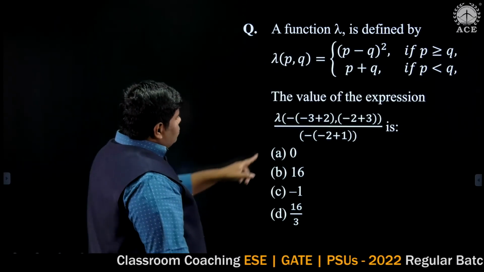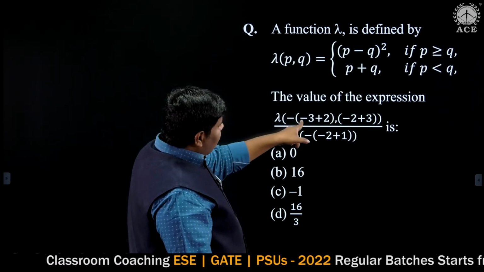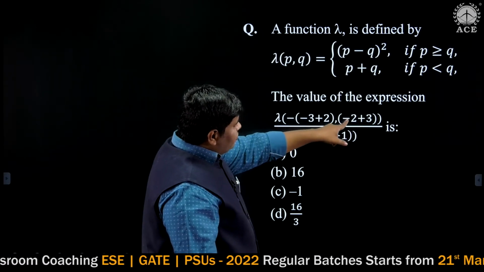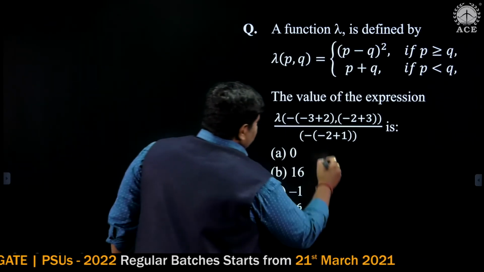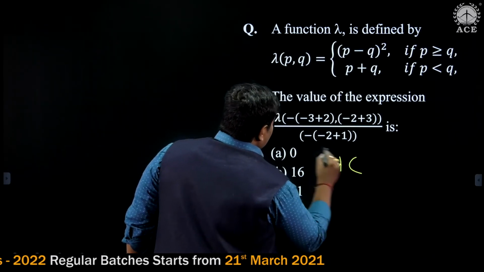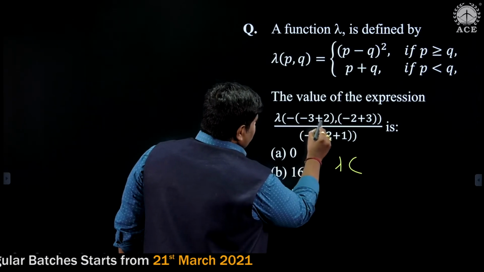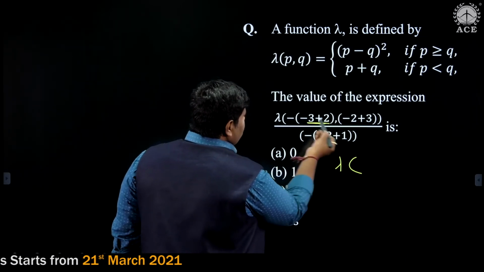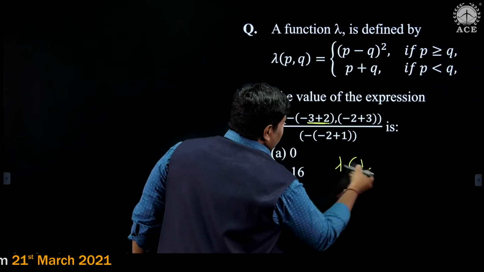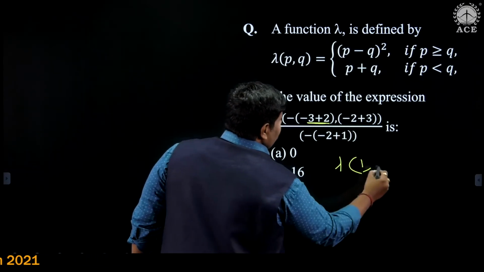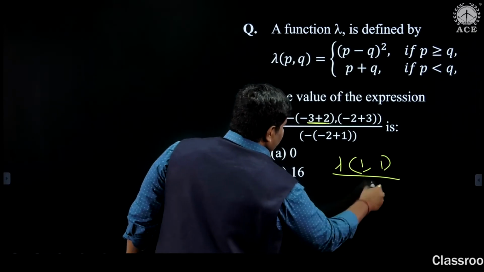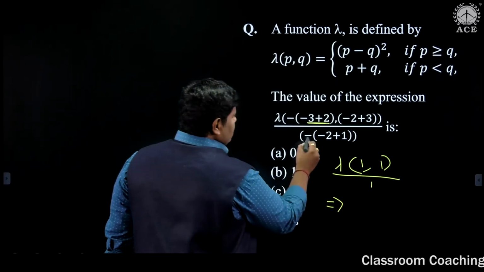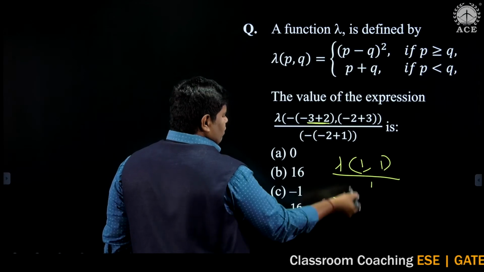Observe. So we need lambda of minus of (minus 3 plus 2), and minus 2 plus 3. Minus 3 plus 2 means minus 1, again minus, so the answer is 1. Minus 2 plus 3 means 1.